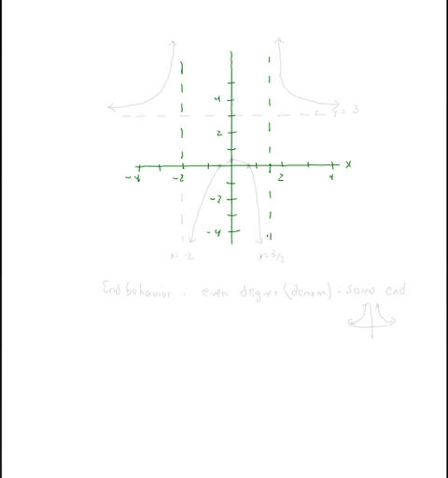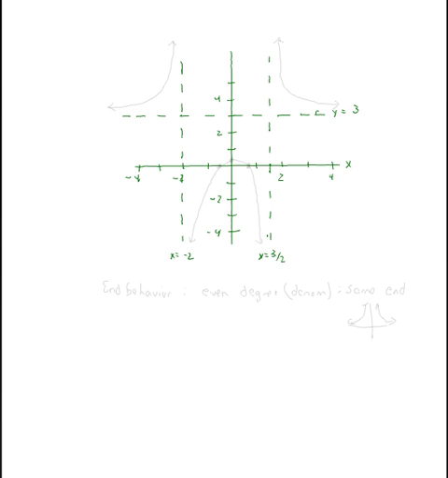Next we took a look at horizontal asymptotes. We did have a horizontal asymptote where y was equal to 3. And so we have the framework for our function: horizontal asymptote at y equals 3, vertical asymptotes when x was -2, and when x was 3/2.